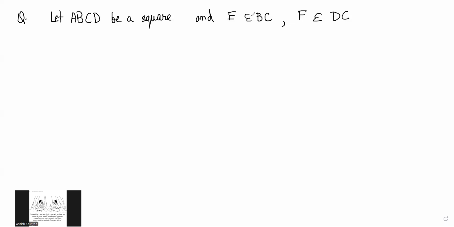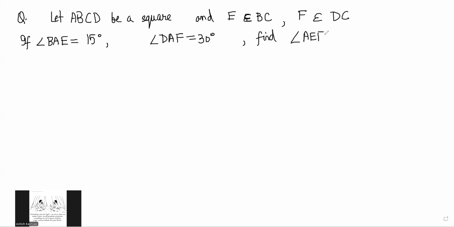These are points that lie on these line segments, BC and DC. If angle BAE is equal to 15 degrees and angle DAF is equal to 30 degrees, find angle AEF.